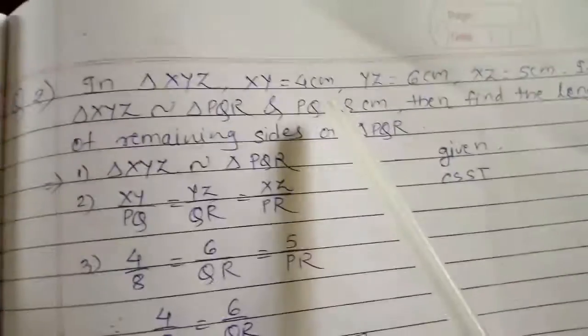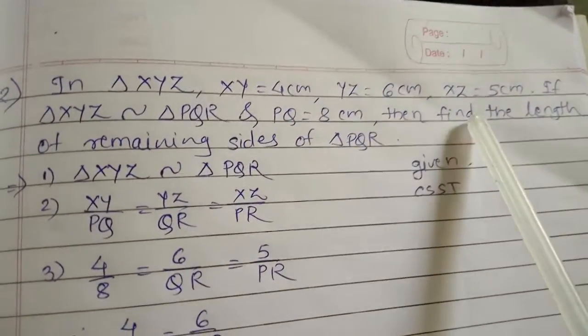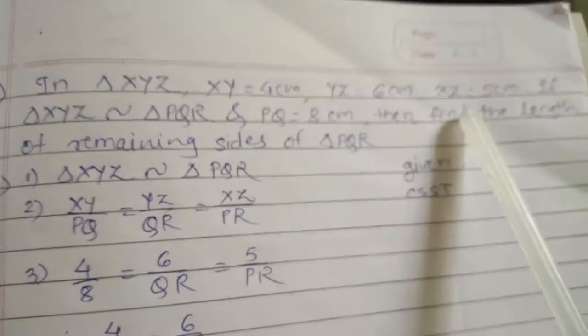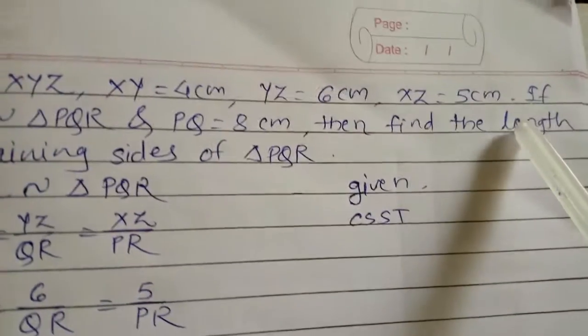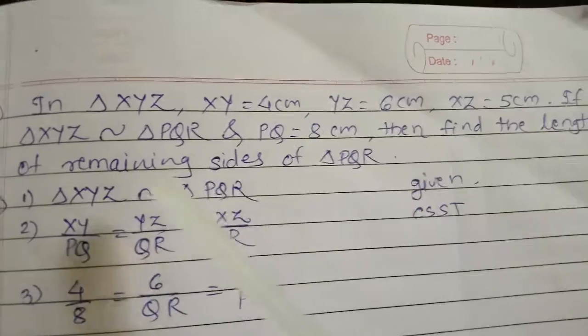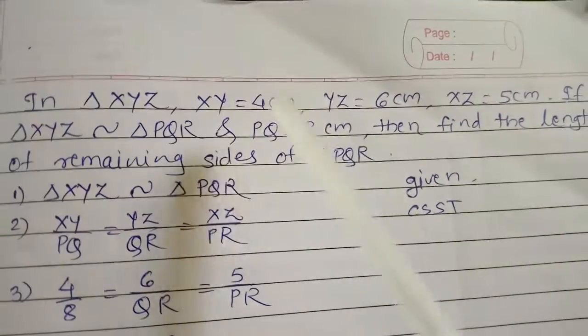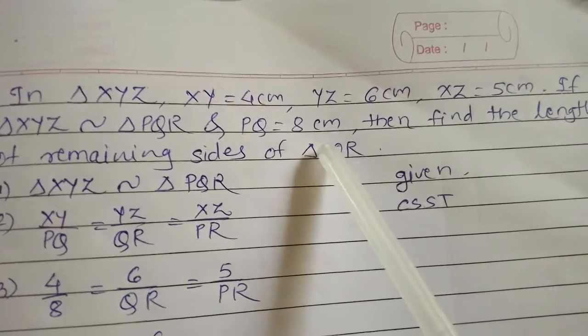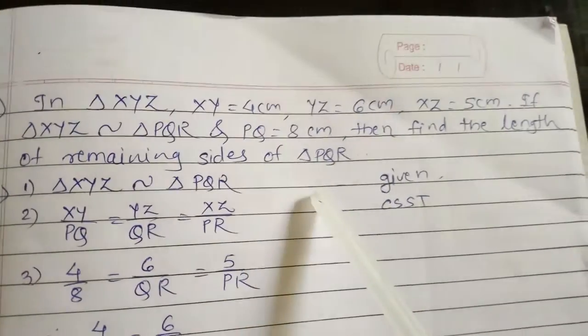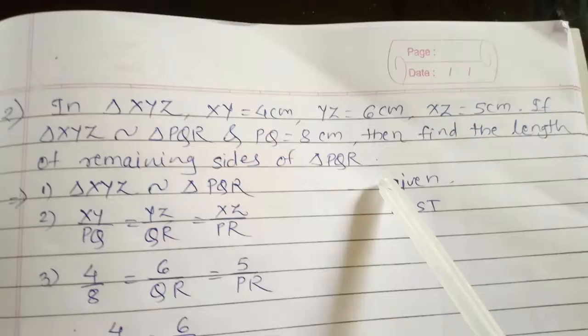Now see question number 2. In triangle XYZ, XY is equal to 4 cm, YZ is equal to 6 cm, XZ is 5 cm, and triangle XYZ is similar with triangle PQR. PQ is 8 cm. Then find the length of the remaining sides of the triangle PQR.